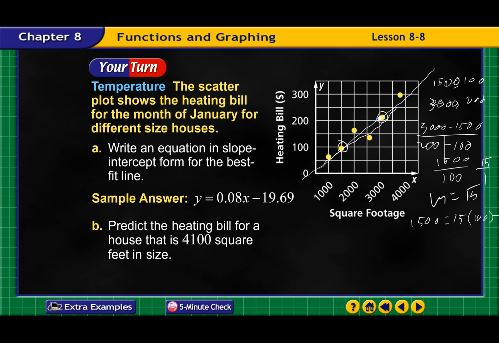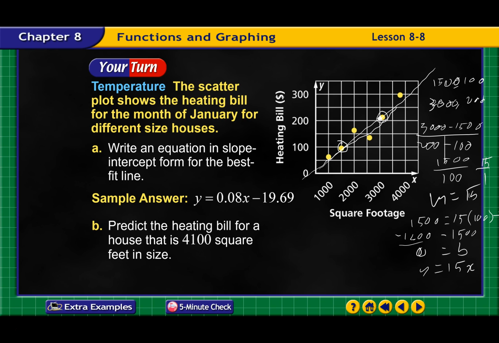So if yours is a lot closer, that'll be great because this is going to be 1500. So I'm actually going to end up with a little higher than that. So mine ends up being 0 because I'll subtract 1500 from both sides. That'll give me 0 equals b. So I actually come out with y equals 15x. Wow, what a difference. That's fascinating.